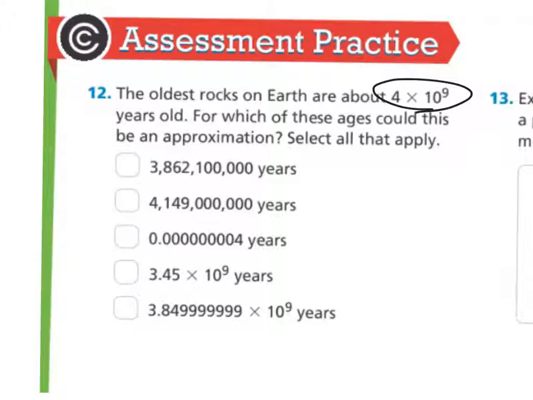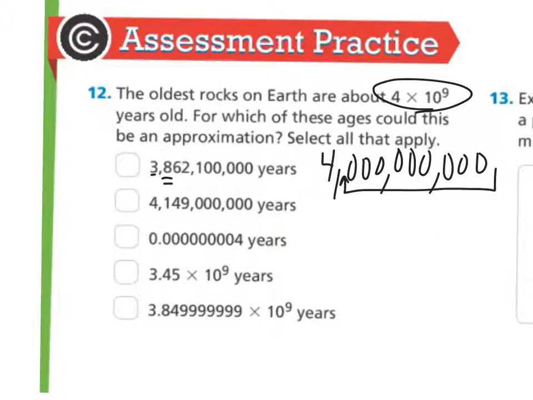So for the first number, we've got a 3 after it's an 8, so we would round that up to a 4 with a bunch of zeros after it. And then think about if we were putting this in scientific notation, we'd move the decimal 9 spots. This is a big number, positive exponent, so that works.